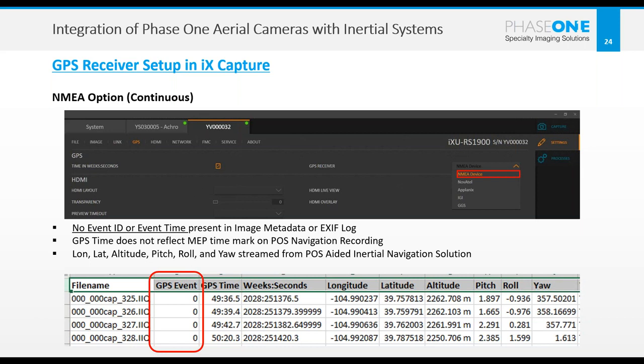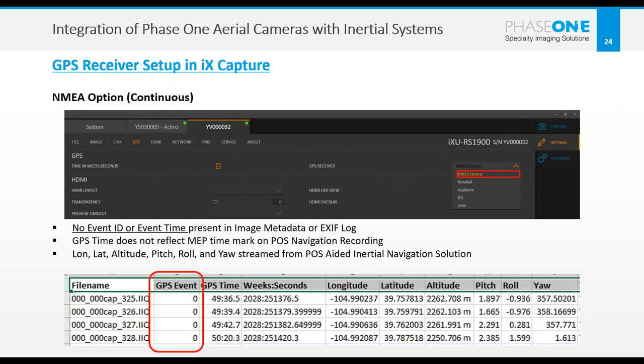So there's no counting of the images, of the time marks in the navigation. Excuse me. Despite the fact that you might be recording the event mark in the navigation on the POS system. But please remember, this is the message coming back from the POS being stamped or injected into the image.